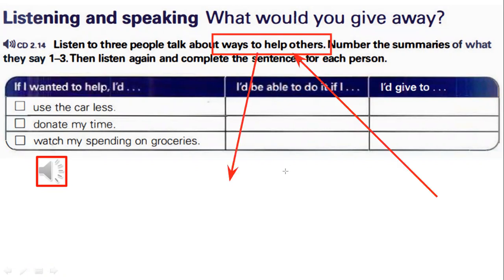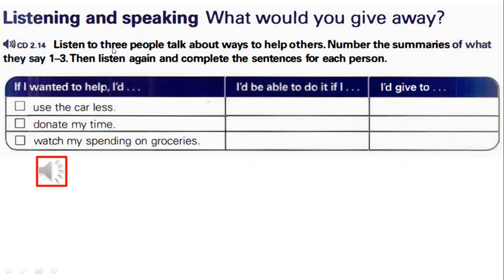How can you help others? With money. With money, okay, a donation. What else? With things that we don't need anymore. Okay, another way. It's okay.